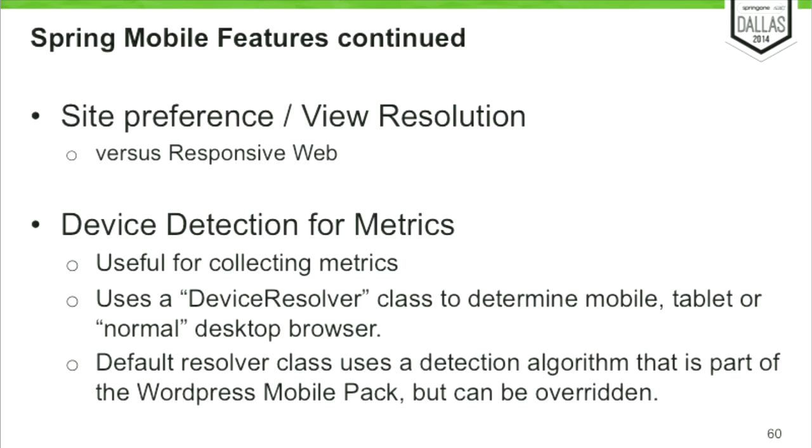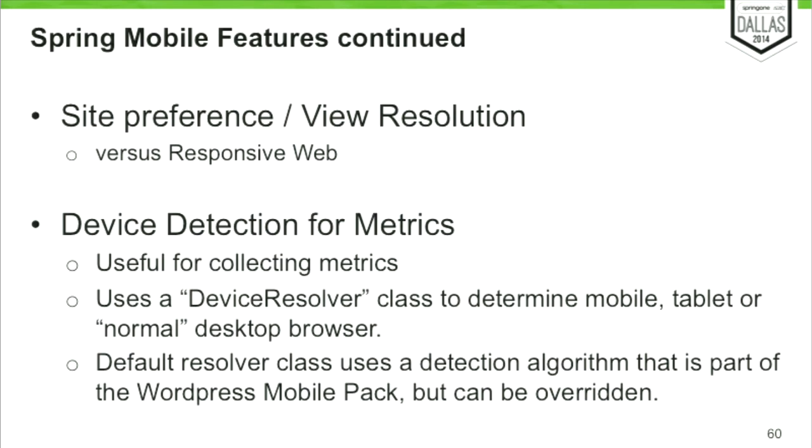So not as interested in that, but the device detection is still very pertinent today because of the metrics it allows you to gather as a business. So you want to know if your site's being hit by a tablet or by a phone, and how many, because that can make you make decisions based on that as to what to invest in terms of development.